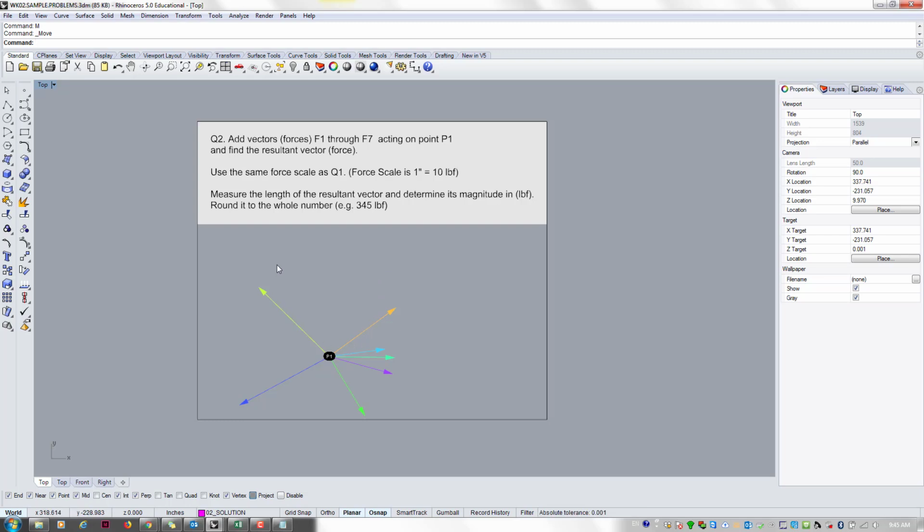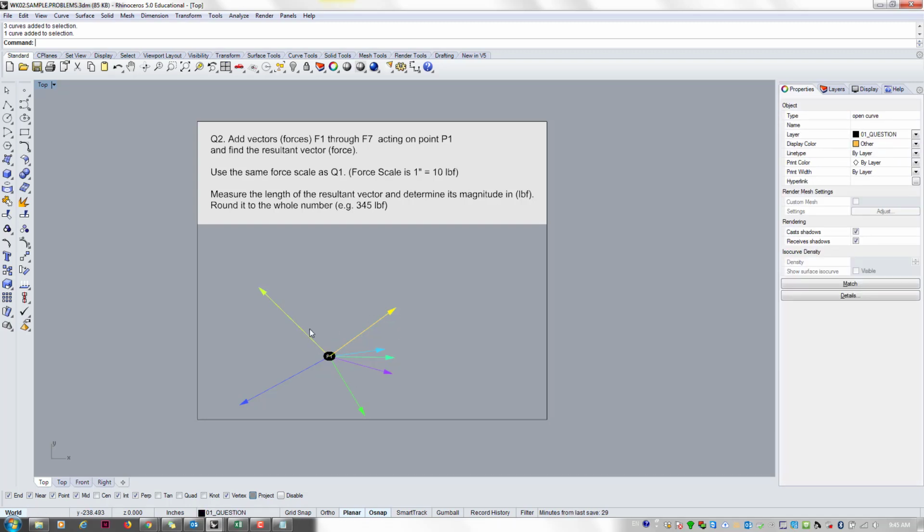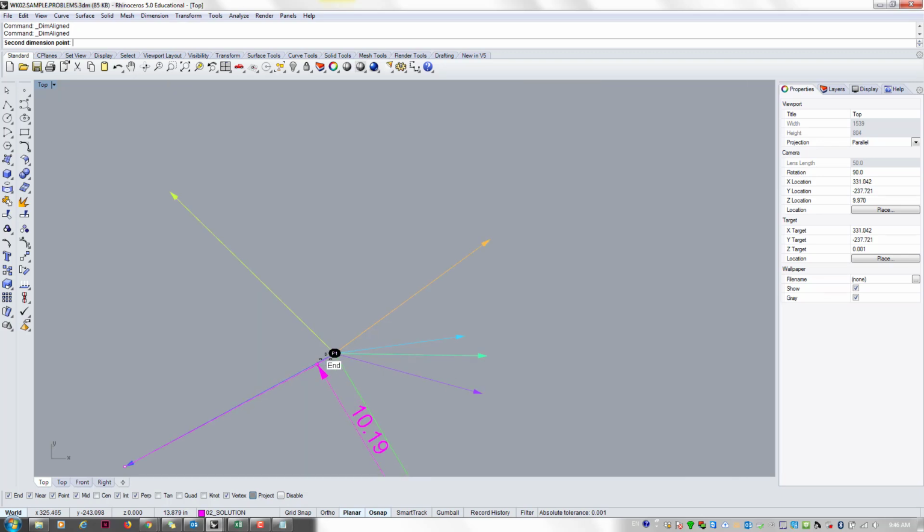it's basically add vectors, I don't have the label, but there are 7 vectors here. All of them have a length, right? Kind of a random length, I would say, like 10.19.